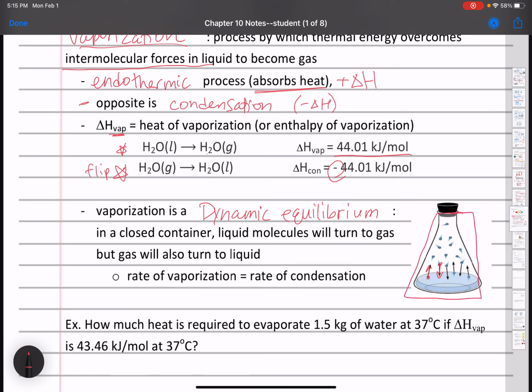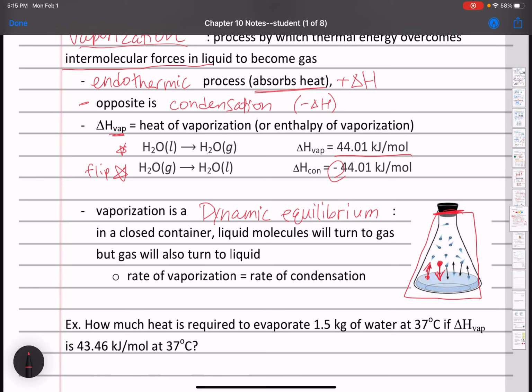At any temperature, whatever the temperature is, if the container is closed, some molecules will leave and enter the gaseous space, but some of those gas molecules will collide together, reestablish intermolecular forces, and come back down into the liquid state.